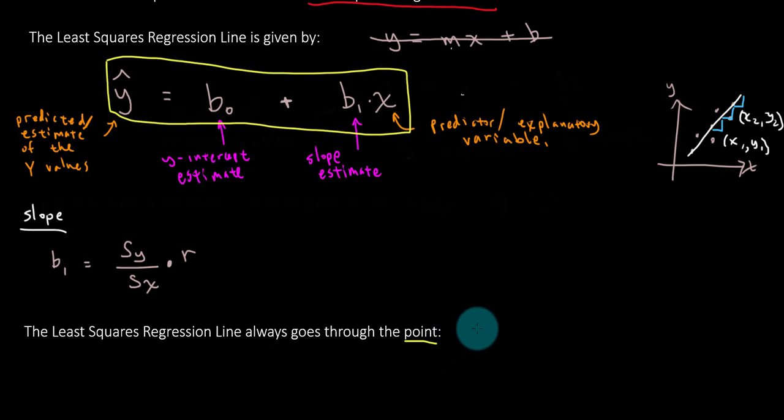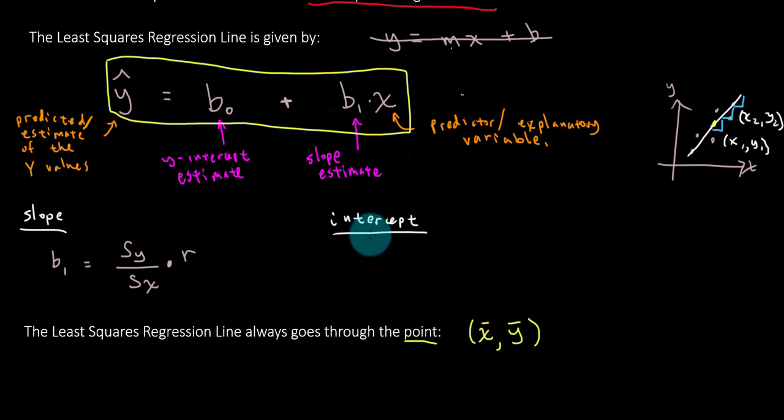Fun fact, the least squares regression line always goes through the coordinate, the mean of the x's, comma, the mean of the y's. So that's a point somewhere along the least squares regression line. If you know a point on the least squares line, then you can find the value for the intercept, right?